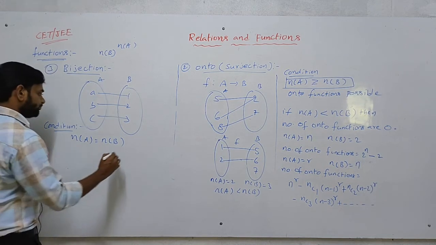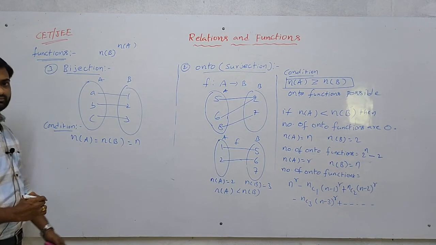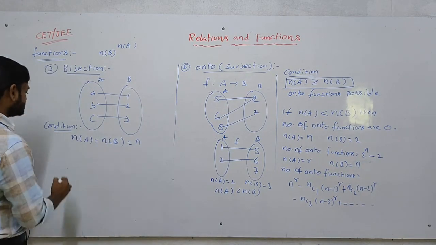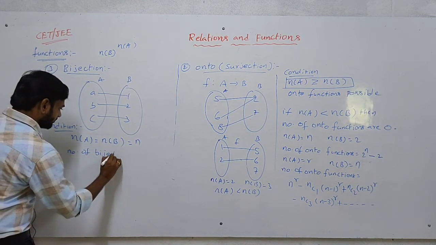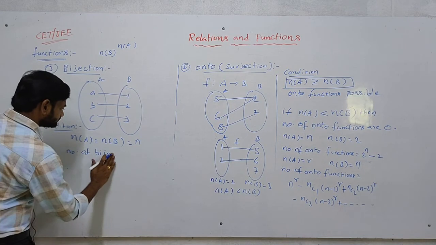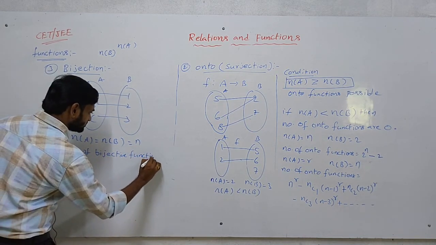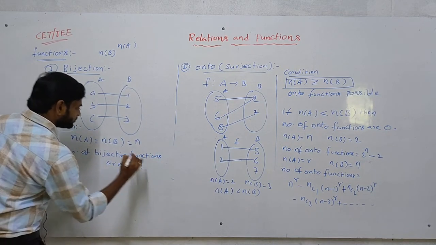Now n(A) and n(B) have n elements. How many elements are there? 3 elements, 4 elements, like that. The number of bijective functions is n factorial.